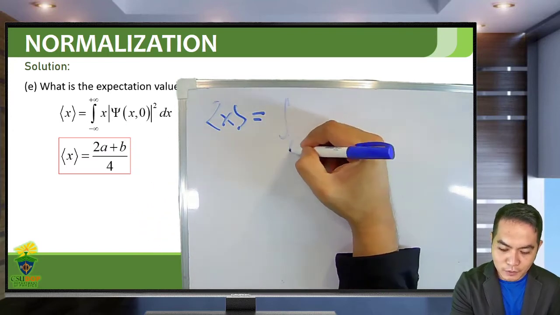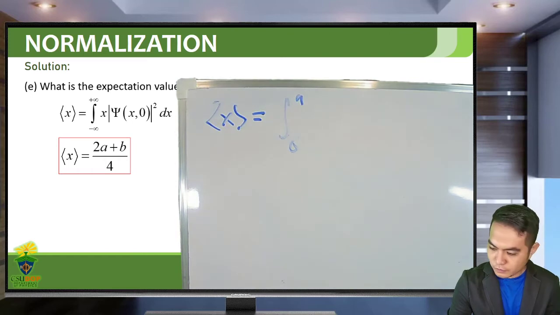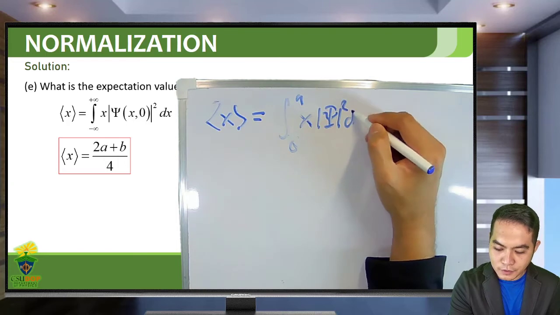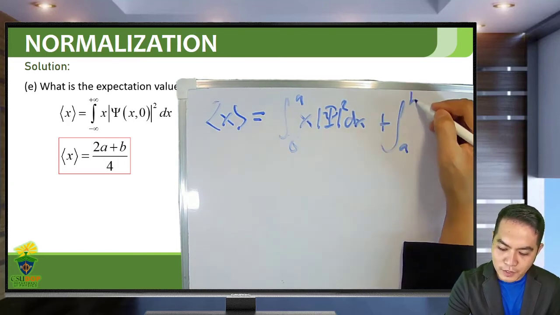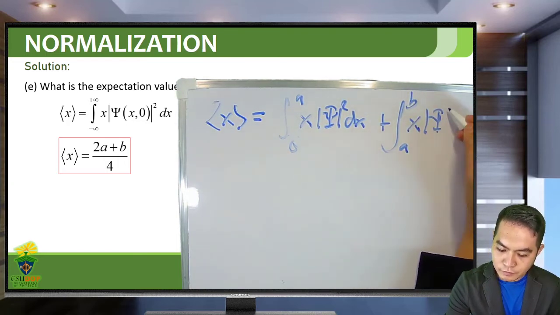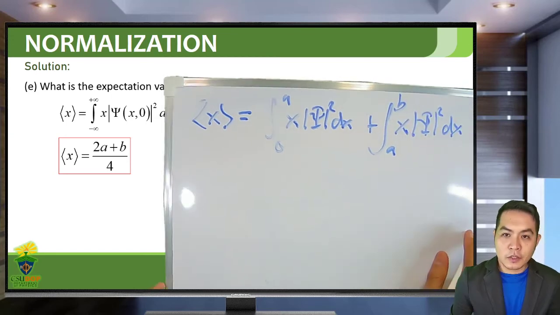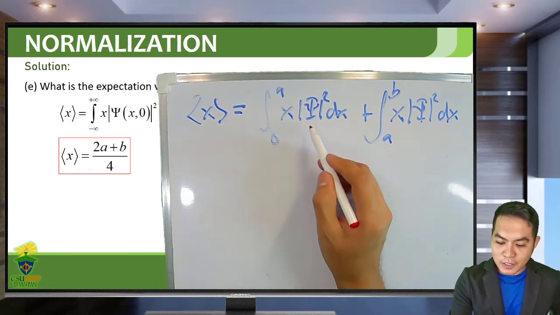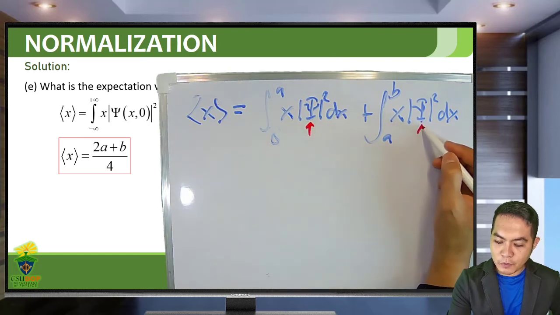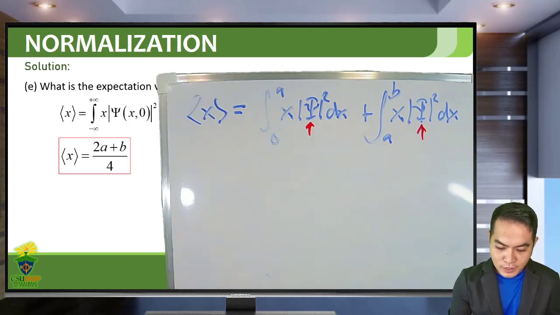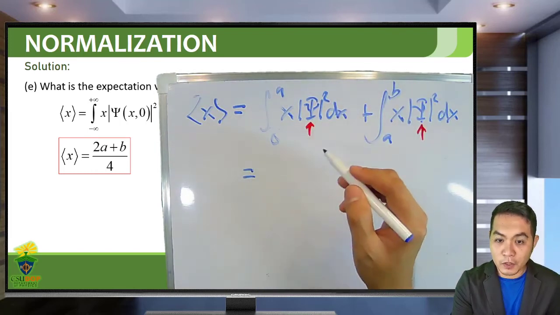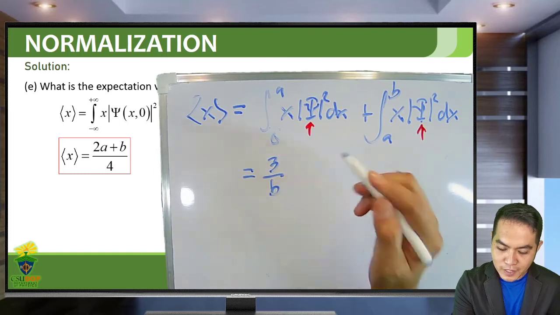So you have from 0 to a, x times the absolute value of psi squared dx, plus from a to b. We have two expressions for the wave function. This wave function expression is different from this wave function expression. This is from 0 to a. So from 0 to a, you have the normalization constant squared, so you will get a factor of 3 over b.